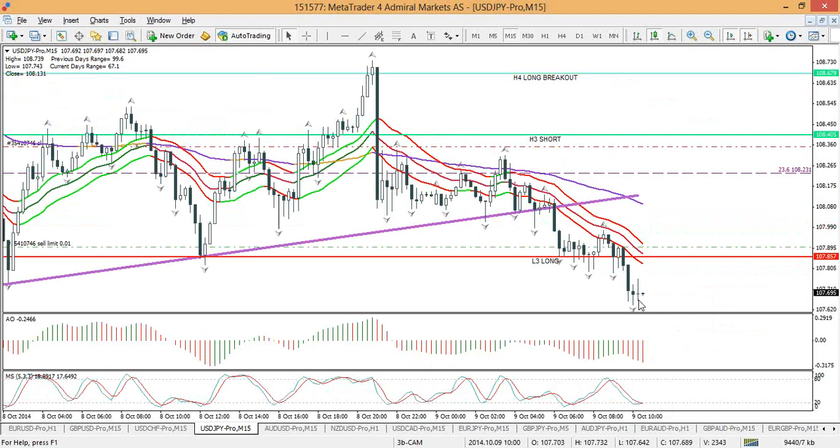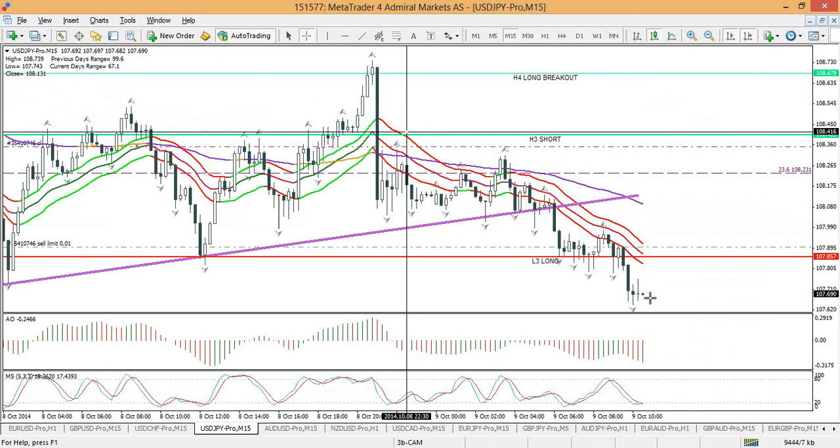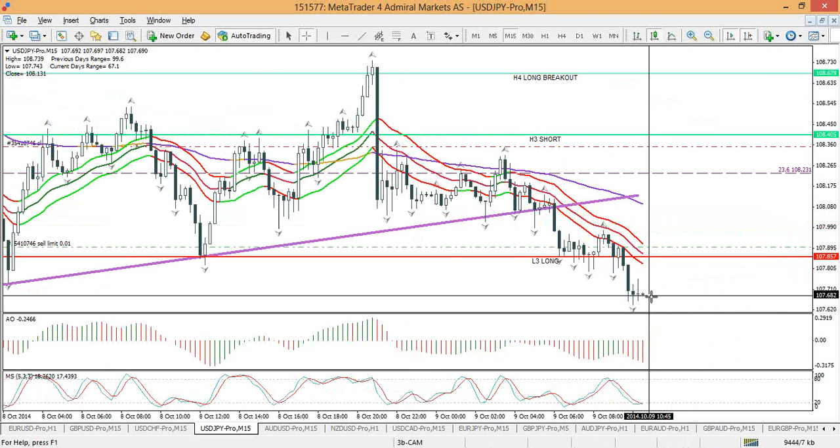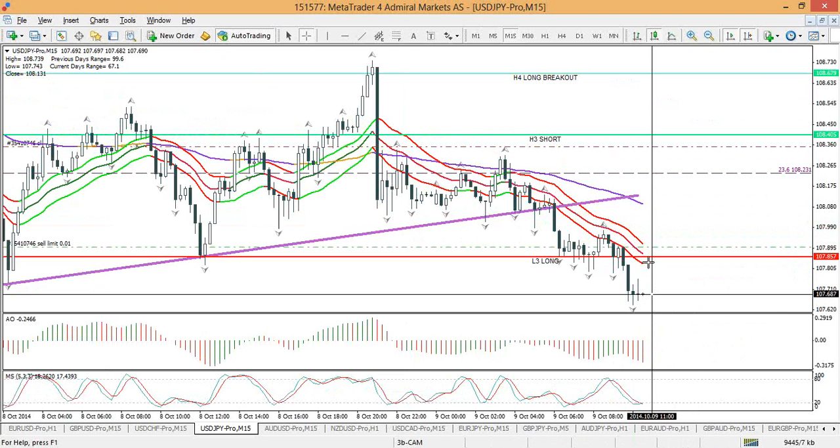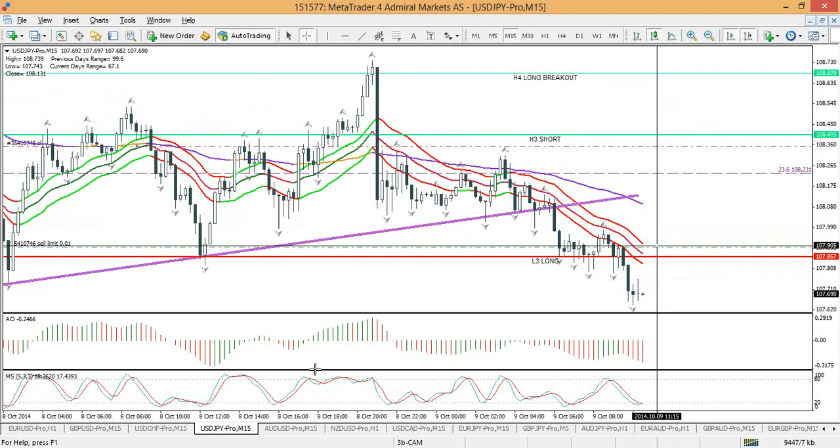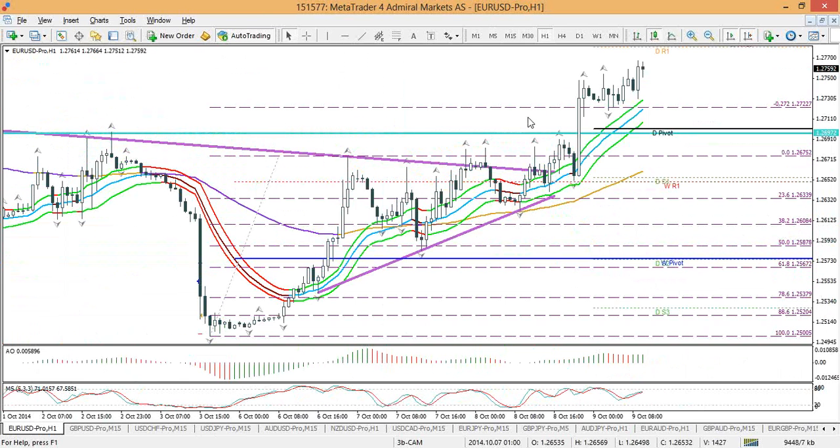There's a doji last 15 minutes, which means that we could probably see a bit of retracement. Don't forget that the market always likes to, it's always a question, of course, of what is the most logical at this spot? Is it most logical to go down here at this point? I don't know. That's probably not, I think. You never know. But it looks like we probably see a bounce first and then down. Although on a 50-minute chart it is difficult to say. It's the same like the EUR/USD.